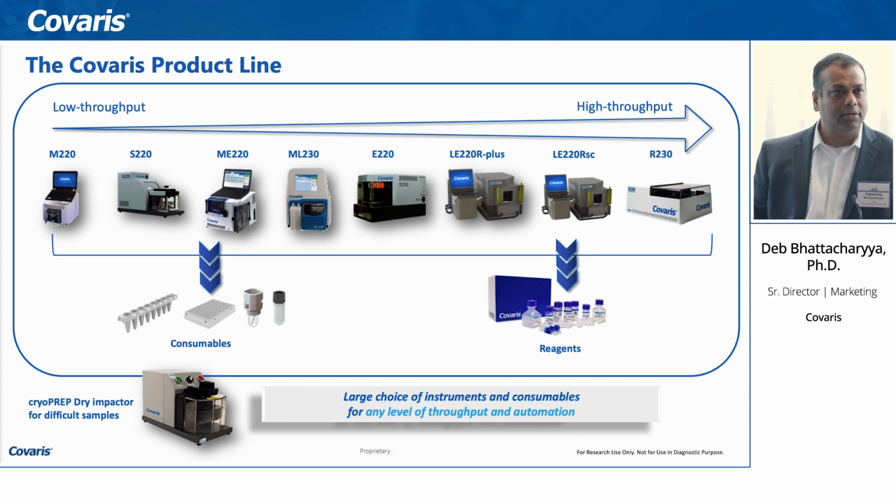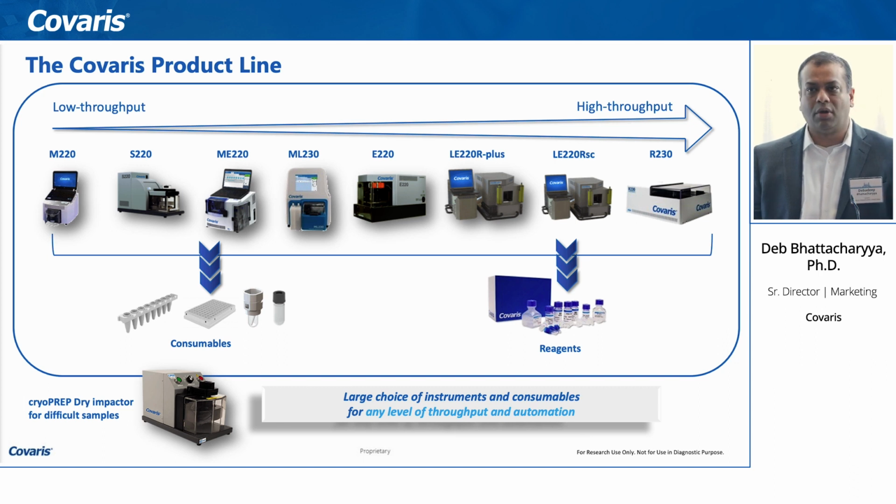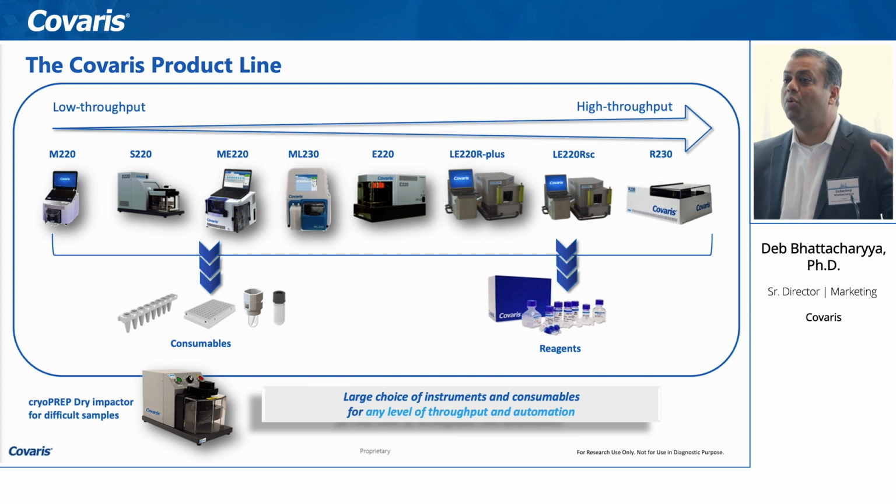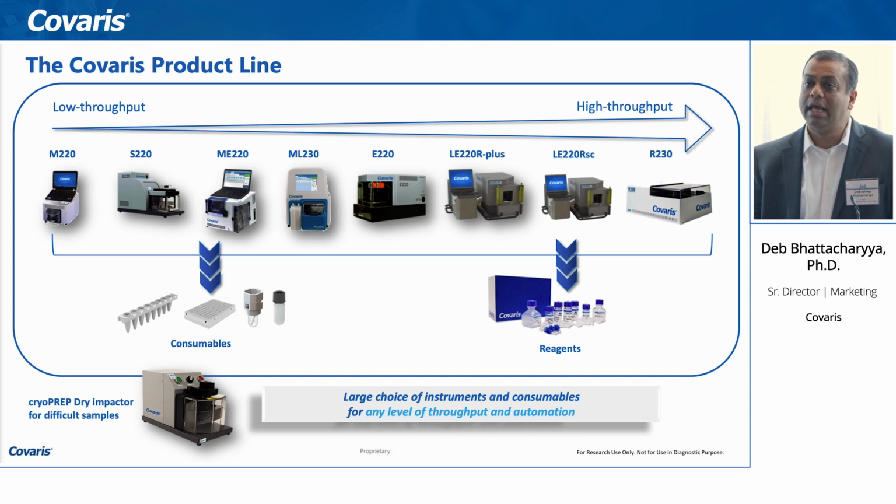We provide all the consumables. We do provide reagents if you would like us to, but we are also more than happy to work with whatever workflow reagent kit you are using today to ensure that you get the highest efficiency that you are aspiring for.